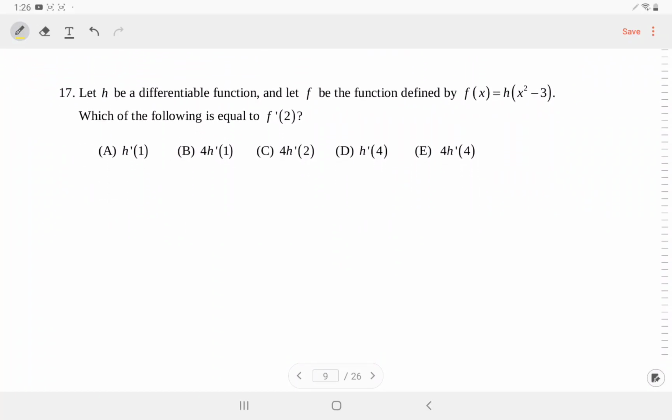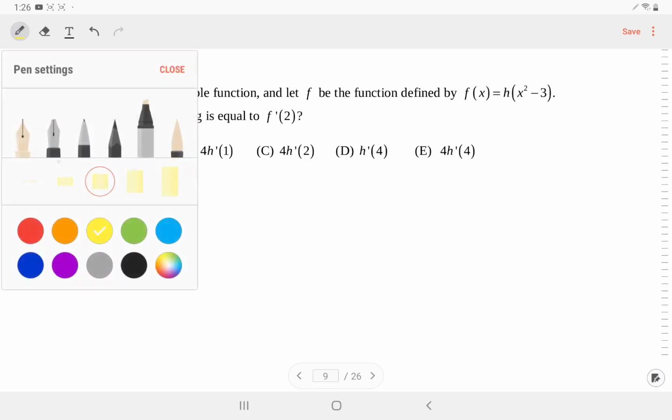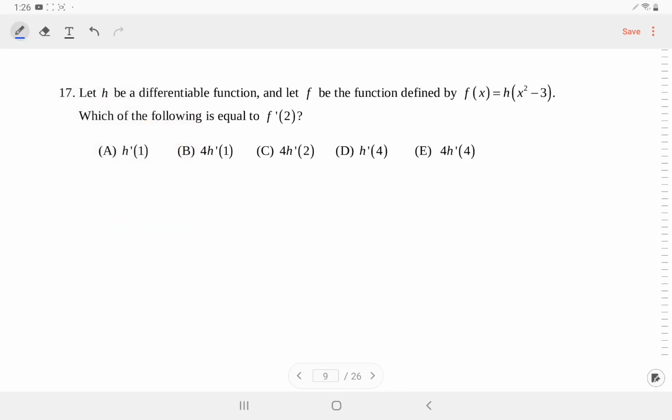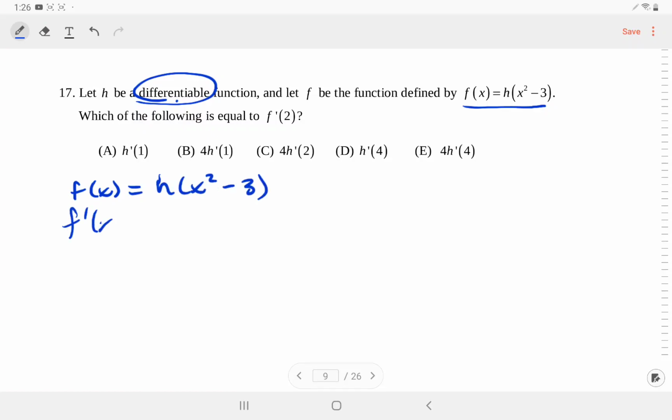I think we have time for 17. Let's get our colors going. Blue, there we go. It's differentiable, which means I'm allowed to take the derivative. So f of x equals h of x squared minus 3. I want the derivative, so I'm going to do h prime of the inside, keep the inside, multiply by the derivative of the inside.